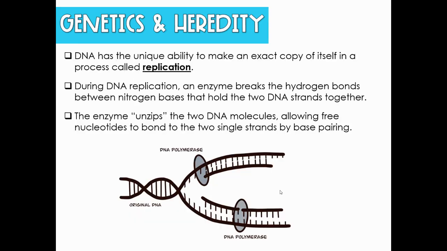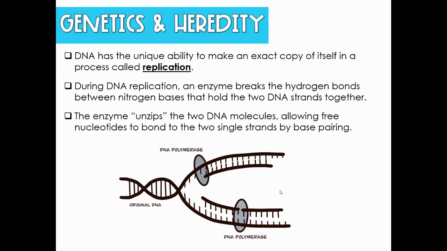So DNA has the unique ability to make an exact copy of itself, and we call this DNA replication. We spent some time on this year, so this is kind of going way back. You may not remember everything about DNA replication, so I'm going to try to just hit the high points here. So during DNA replication, an enzyme called helicase unzips the hydrogen bonds that hold the nitrogenous bases together.